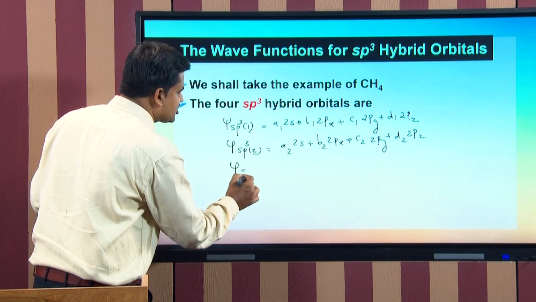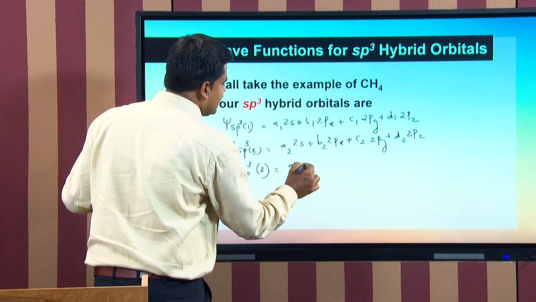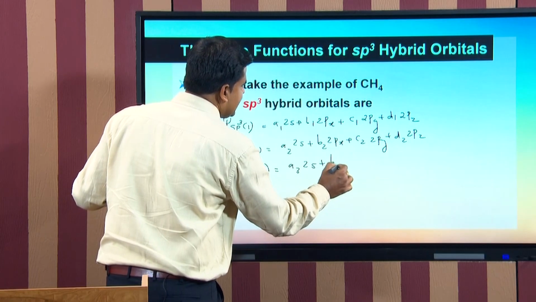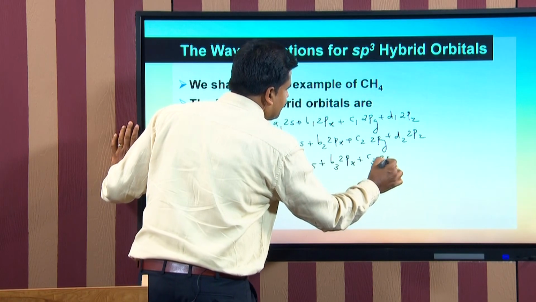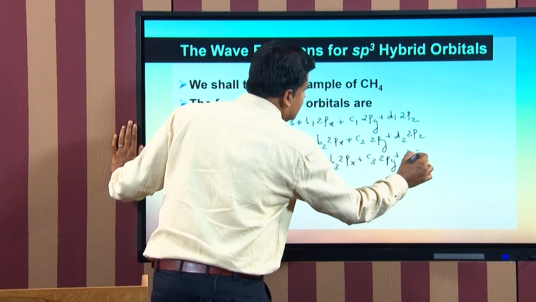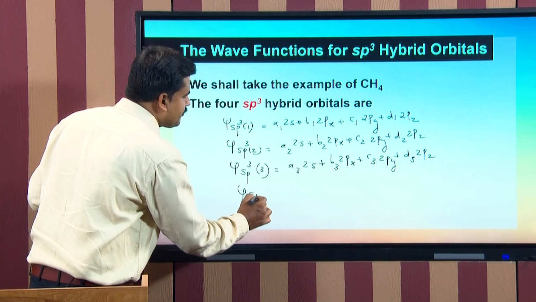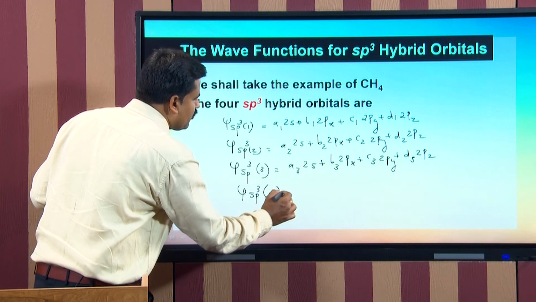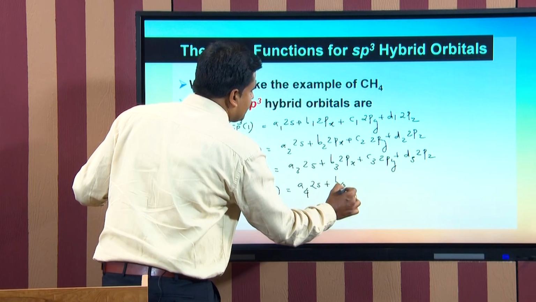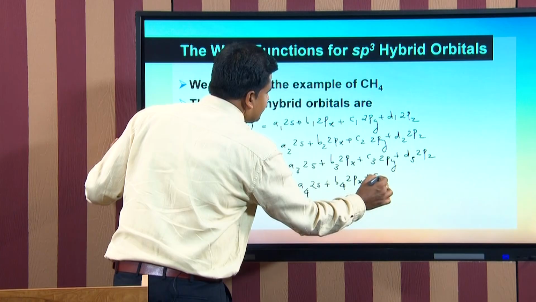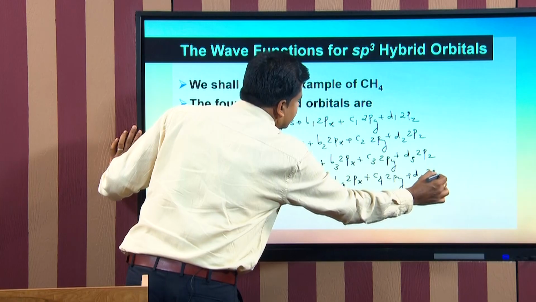The third hybrid orbital wave function, psi sp3 3, is equal to A3 2s plus B3 2px plus C3 2py plus D3 2pz. And finally, the fourth sp3 hybrid orbital wave function, psi sp3 4, is equal to A4 2s plus B4 2px plus C4 2py plus D4 2pz.